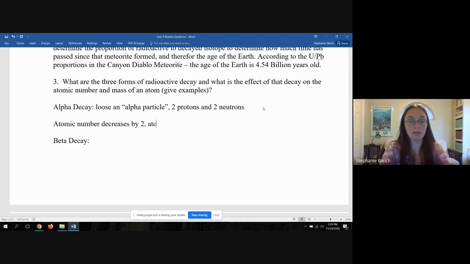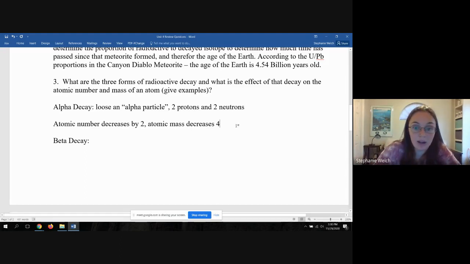Atomic mass decreases by more than 2, because both the protons and the neutrons are going to compose the mass of the atom. So the atomic mass actually decreases by 4 of these units that we call atomic mass units. It's really not particularly useful in anything outside of chemistry or chemistry-related disciplines like geology.